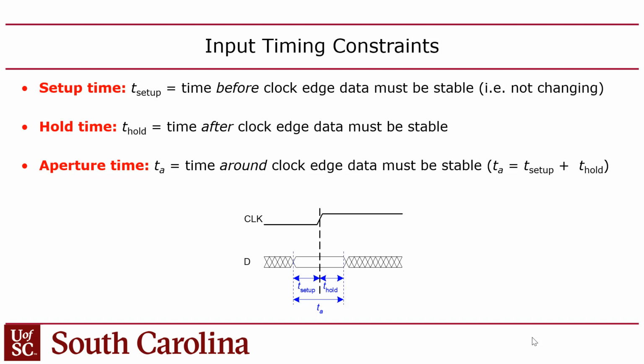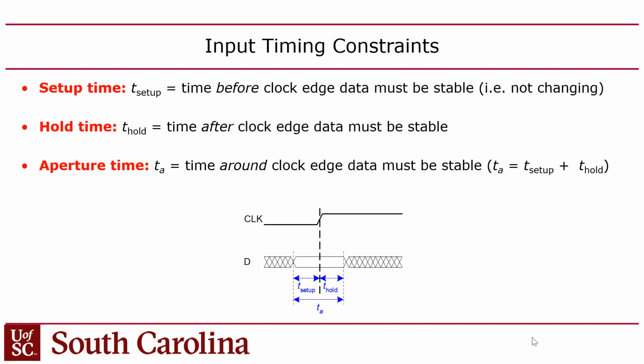That's called the setup time. And the input also has to be stable for a time after the clock edge. That's called the hold time. And this is a technology-dependent parameter. The setup and the hold time depend on what technology you're targeting, right? What CMOS technology or what FPGA technology.